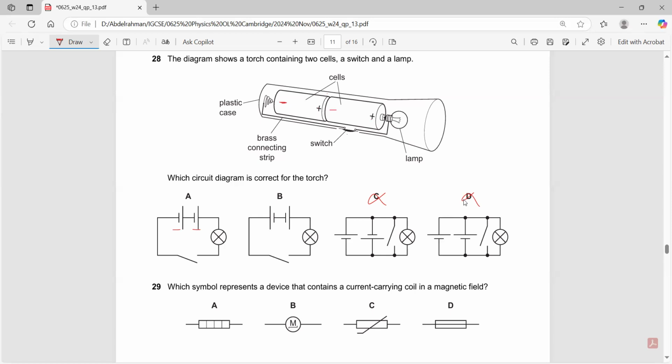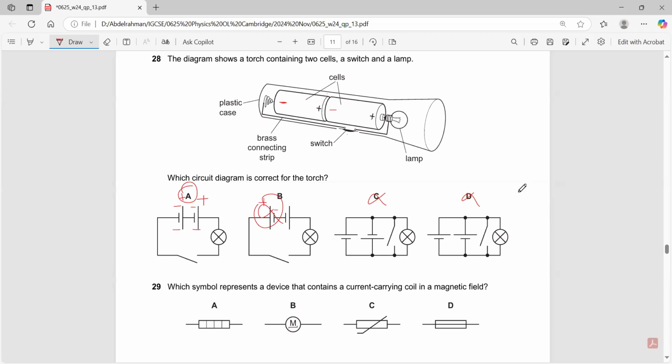In B, you have positive on the left and negative on the right. This cell is wrong in B. So A is the correct answer.